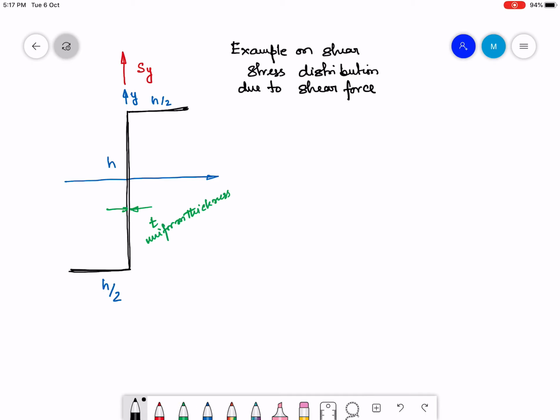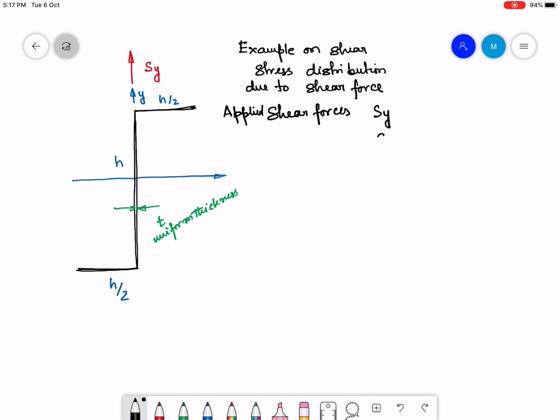The shear forces are Sy and Sx is equal to 0. So I have only one shear force, shown by this red arrow, which is applied in the y direction. This is the x-axis, this is the y-axis.